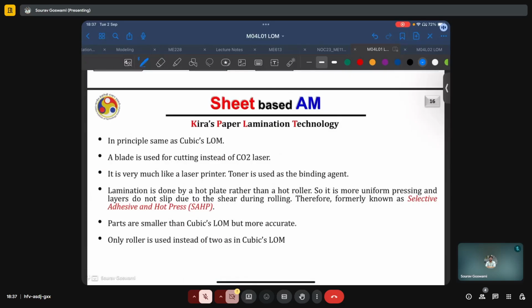So in principle, it is the same as Cubic's LOM. A blade or a knife is used for cutting instead of the CO2 laser. And what this means is that, say, previously in a layer, if this was my contour and I was scanning it using a laser, it did not really matter whether I went clockwise or anti-clockwise.